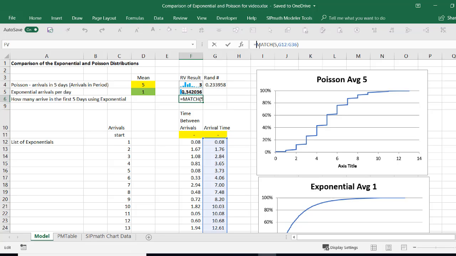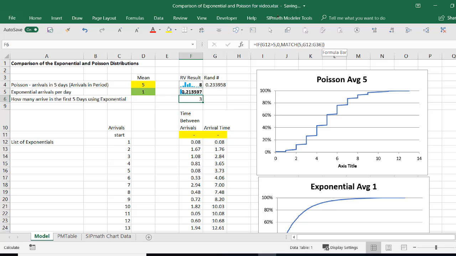So what I could say here is if this is greater than 5, we'll put a 0. Okay, that means no one arrived. Otherwise, we'll do this match command. And let's see if that helps us get the right answer.